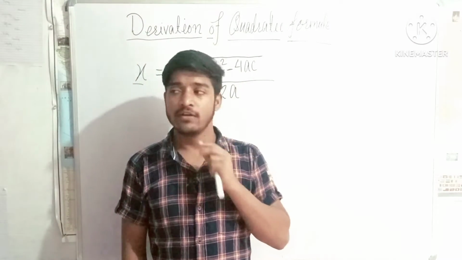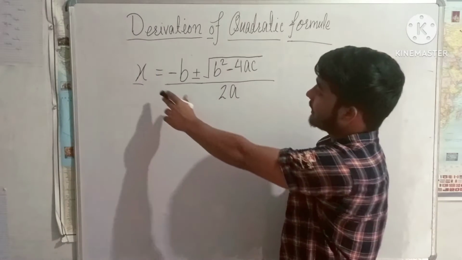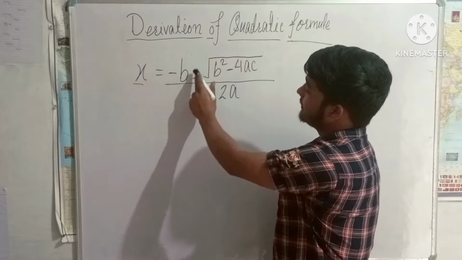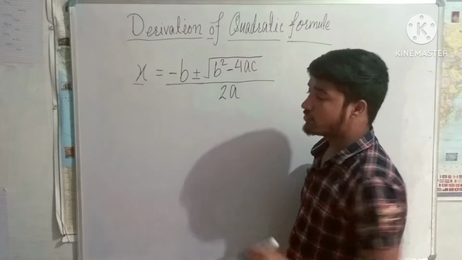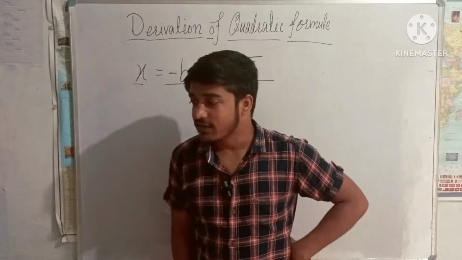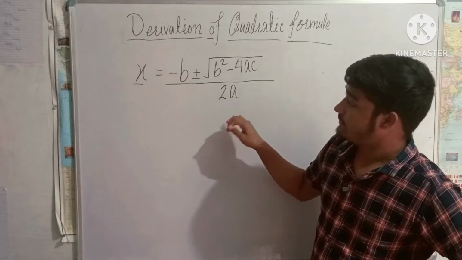There we use the quadratic formula, which is x is equal to minus b plus minus under root b square minus 4ac upon 2a, right? But how does this formula come out? We will prove this.